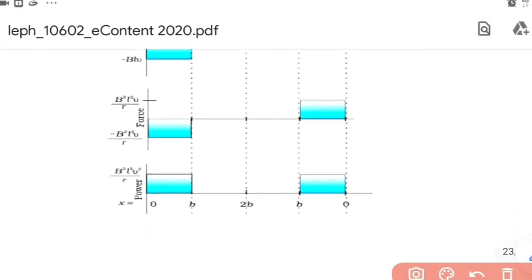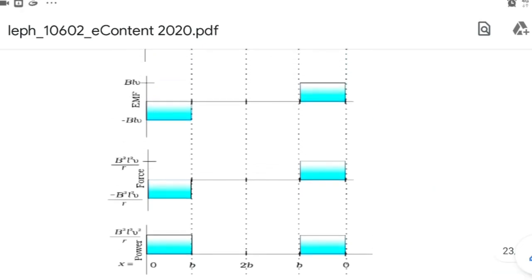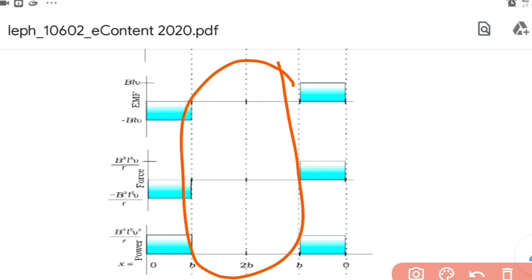In all three graphs, the portion from b to 2b has the quantities with the value 0. Only for the motion from 0 to b and backward, from b to 0, you have the quantities. So only this much for today. With this we conclude. Thank you.